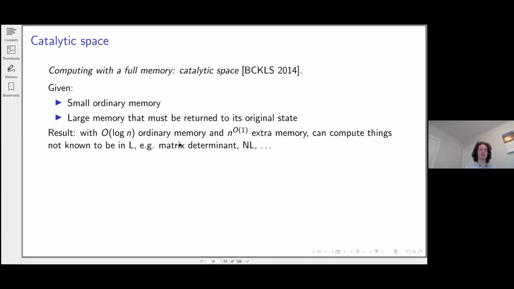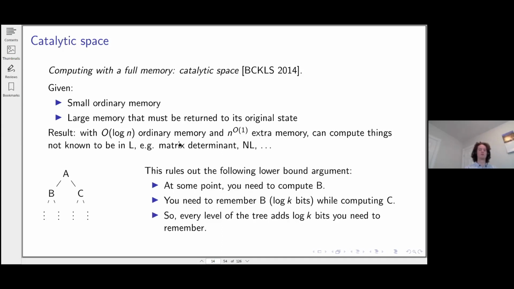So this caught our attention because it rules out one of the approaches we were trying to follow to get a lower bound for the tree evaluation problem. Our argument went something like this. If you want to compute the value of the root node A, then at some point you need to compute the value of its left child B. And then you need to remember the value of that left child B, keep that in memory while you're computing the value of C, so that once you're done computing C, you'll have both of the values.